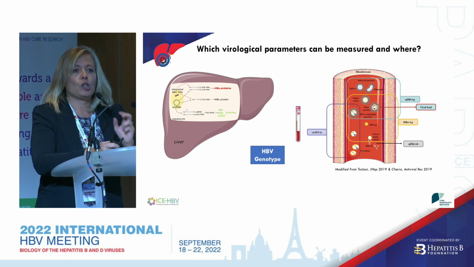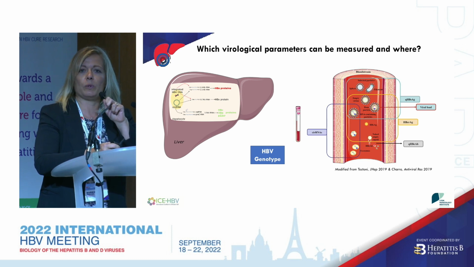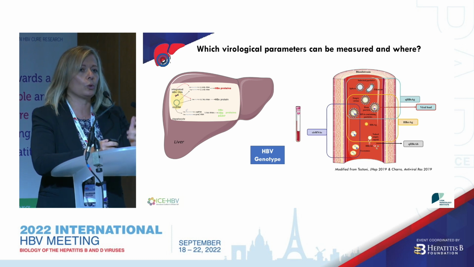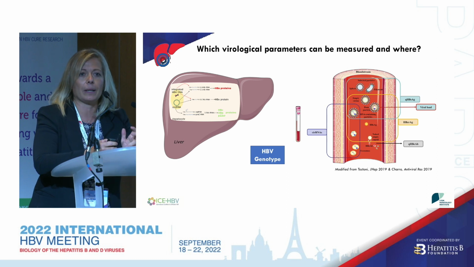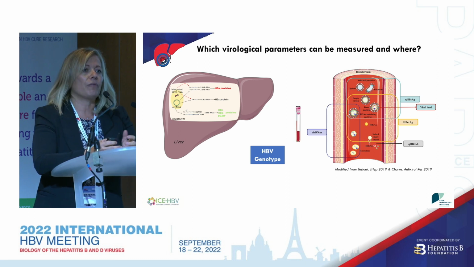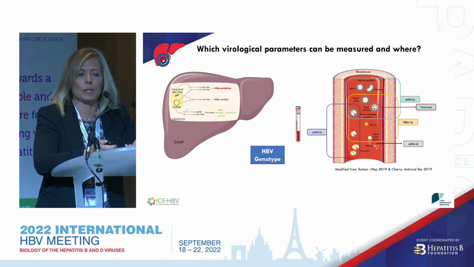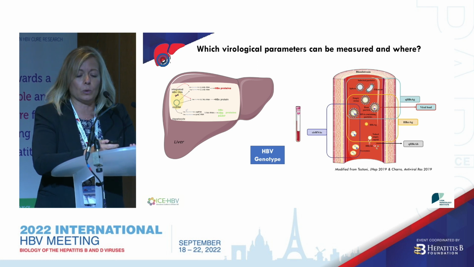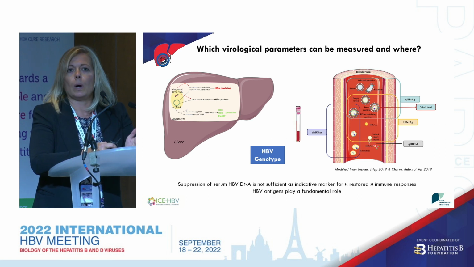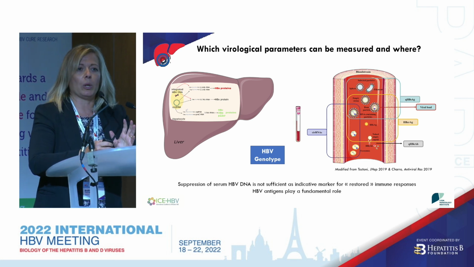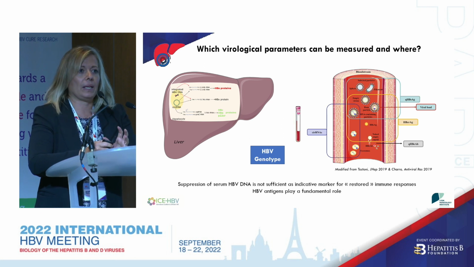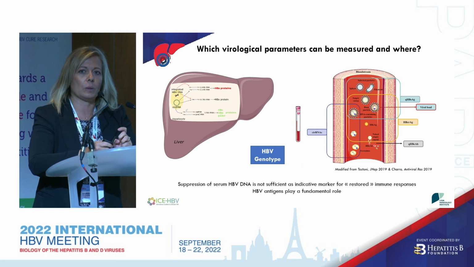But I would like just to point out the HBV genotype, which we cannot usually talk about as a marker, but indeed it's a viral feature that has impact on the viral replication, pathogenesis, and most probably also on immune responses of the host. So beginning with a very simple concept, we all know that viral antigens play a pivotal role in modulating host immune responses.